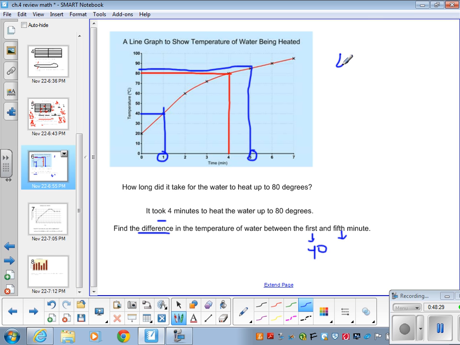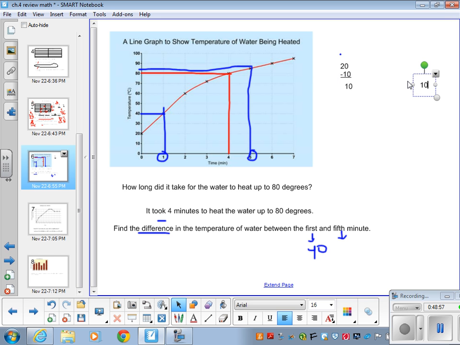So what I can do to find out how much it increases, which I think you already know, you take 20 minus 10, and you subtract to find out how much it increases. 20 minus 10 is 10. So to find out the middle part, we can divide 10 in half. 10 divided by 2, because in half means 2, is how much?